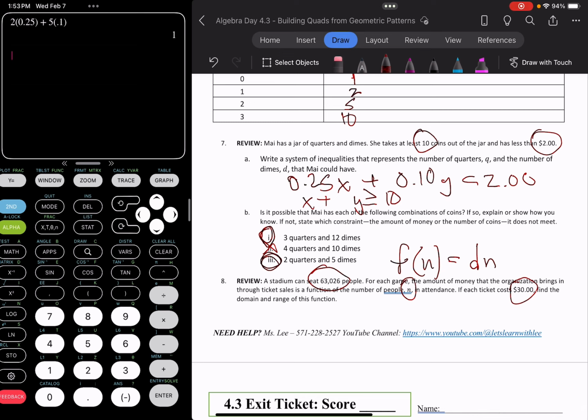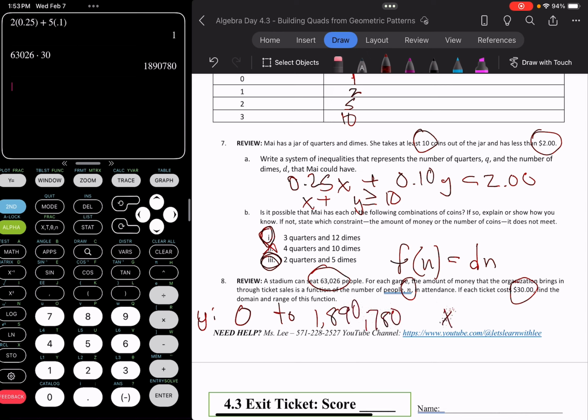All right. So at maximum, the ticket price is $30 times the number of people that can fit in there. If we want to think about the range, how much money we can make, we can make anywhere from $0 if no one attends, so this is for our range or our y values, which are our outputs, all the way up to 63,026 times $30, which is 1,890,780.